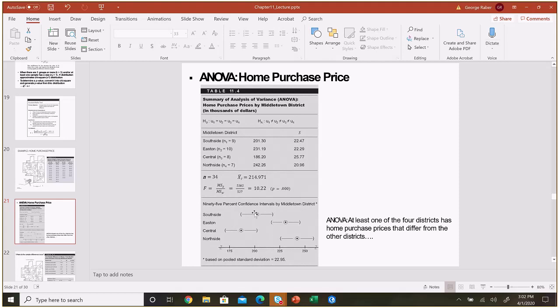There are overlaps, but overall, when we plug this into an ANOVA, we get a value of 0.00, which means that at least one of the four districts has a purchase price that's different from the other districts. So in other words, they're not all equal. They're not all from the same population.